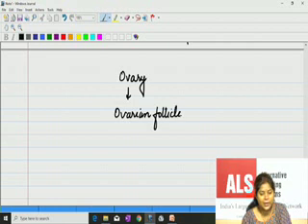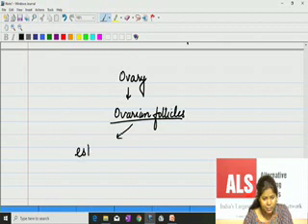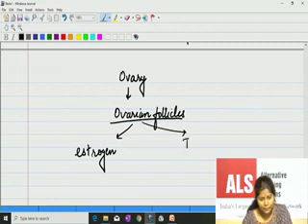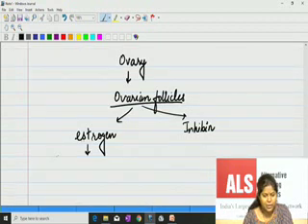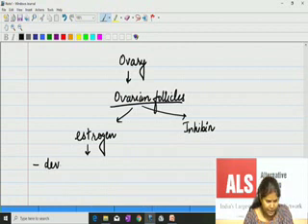Ovary has ovarian follicles, and these ovarian follicles release estrogen and inhibin. You know the functions of estrogen, we have done them in chemical control and coordination also, but let's repeat once again.